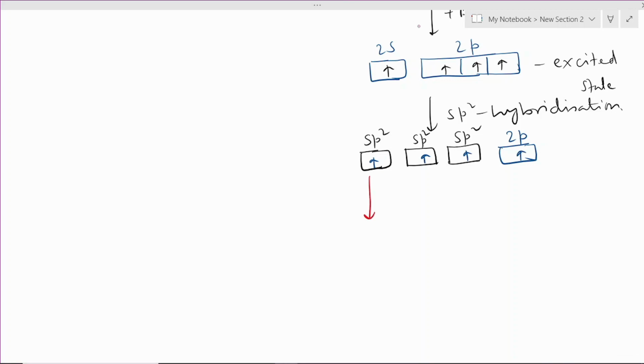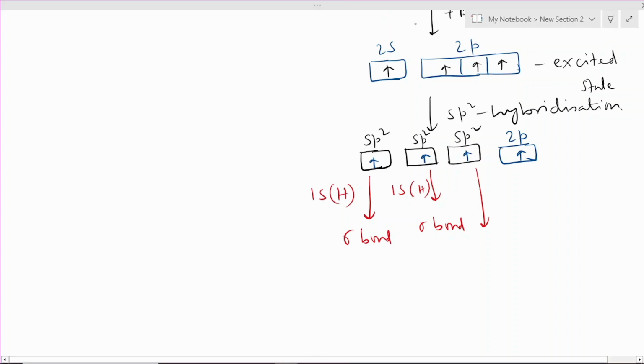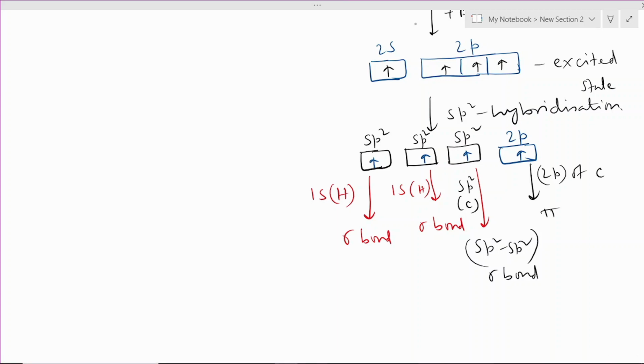Now this sp2 hybrid orbital overlaps with 1s atomic orbital of hydrogen to give a sigma bond. This also overlaps with 1s atomic orbital of hydrogen and forms a sigma bond. This overlaps with sp2 of another carbon to form sp2 sigma bond, and this overlaps with 2p of another carbon to form pi bond.